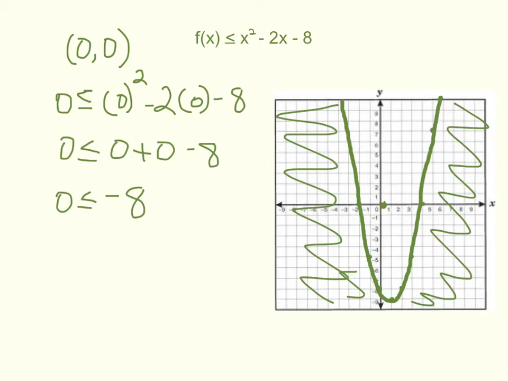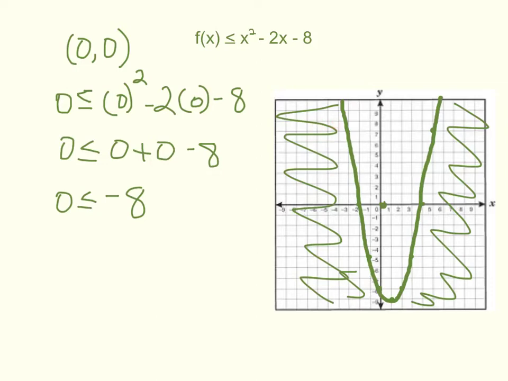If it helps you, instead of saying y is less than or equal, you could say the shaded region is less than or equal. And that would make sense too. If your pen is on the y-intercept and you say the shaded region is less than, that means you would go down. So again, that's another way to know that you would shade on the outside.